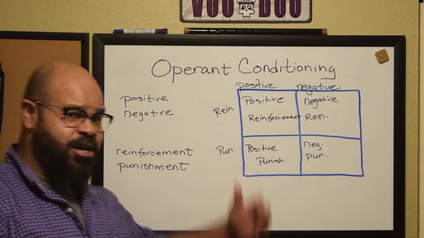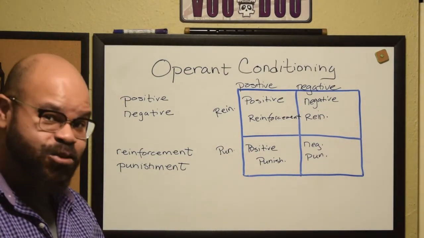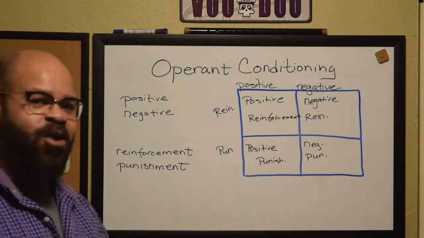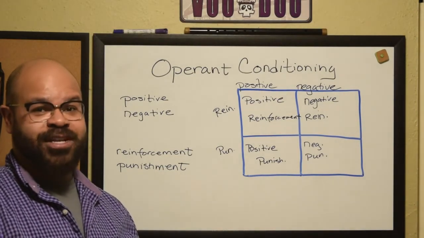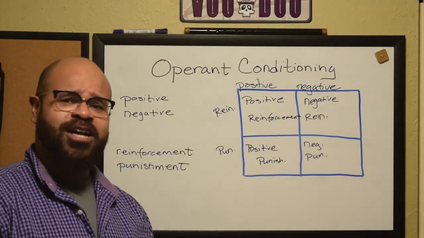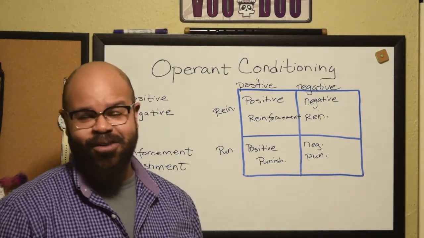A positive punishment, of course, is going to be the opposite of that. That is to say, I'm going to give you something in this case, but in this case, it's going to be something you don't want. And my hope here is that you will decrease that behavior. So let's say that your parents don't want you, I don't know, showing up past your curfew. Let's say you've got a 1 a.m. curfew.